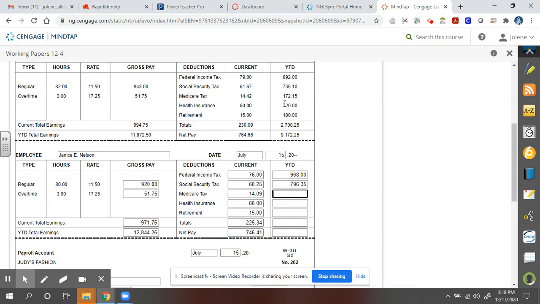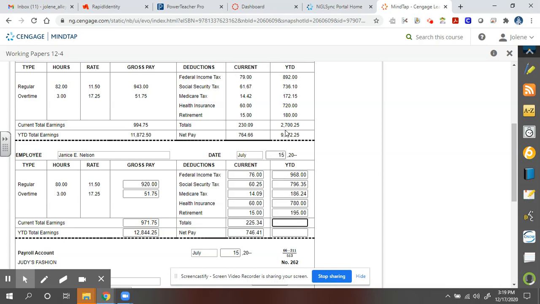Her Medicare was 172.15, and now we're going to add 14.09 to it. 186.24. Health insurance was 720. That makes that 780. Her retirement was 180. Now that makes that 195.